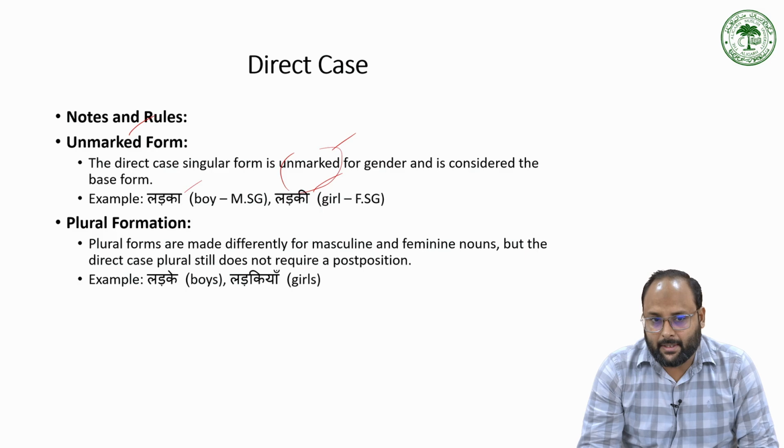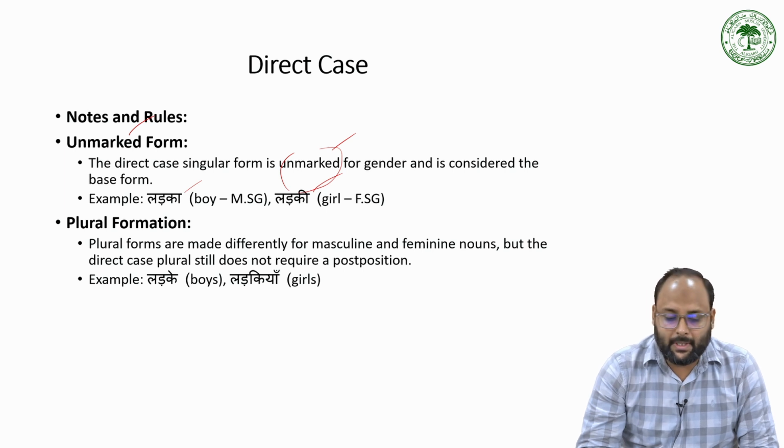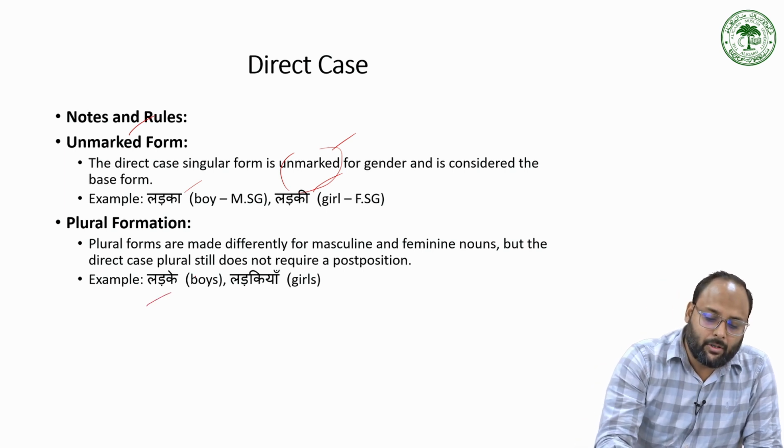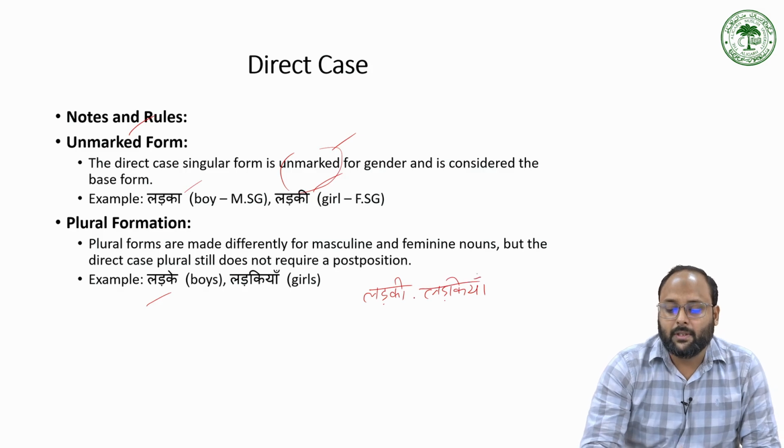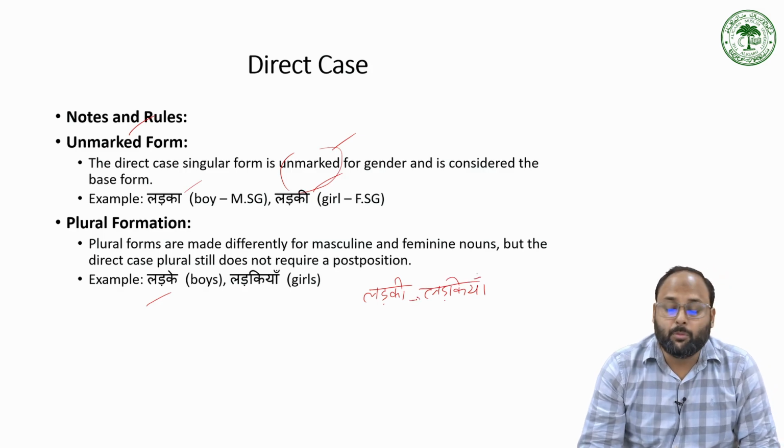So it can take inflection according to gender, and it can also take inflection without any postposition in terms of plural formation, like ladke, or ladki into ladkiyan, ladki into ladkiyon. So that is called the changes for the plural.